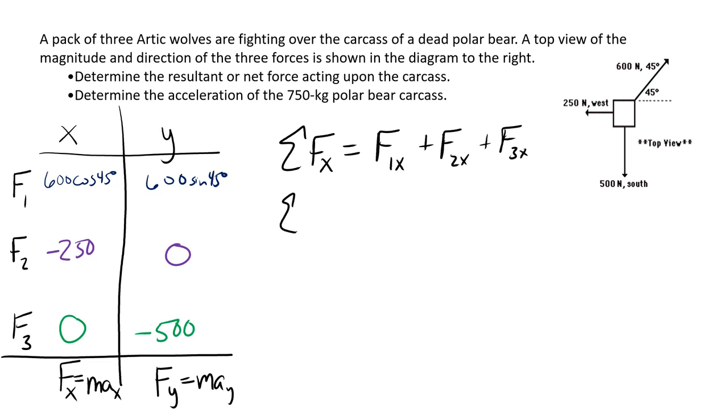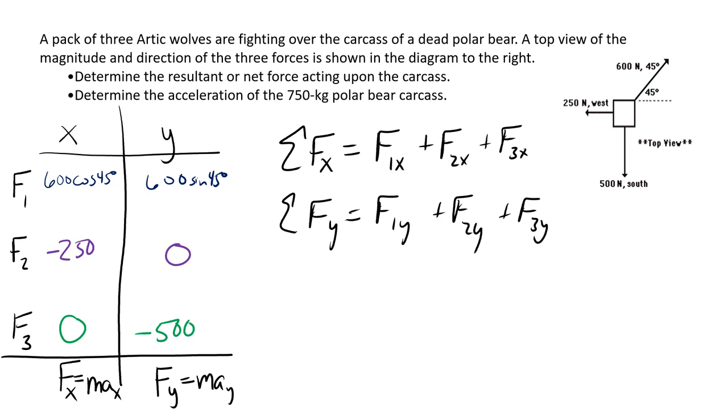And sum up all the forces in the y direction, and that would be my force 1 in the y plus my force 2 in the y plus my force 3 in the y. Similar approach as this table, except I just took what I had figured out in the first part and went ahead and started to create the summation of forces in the x and the summation of forces in the y. We're doing the same thing here.